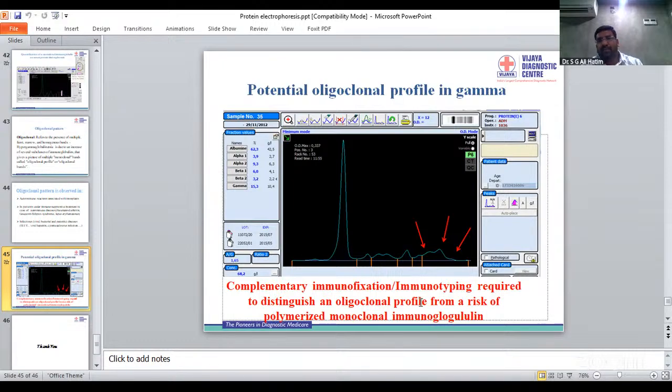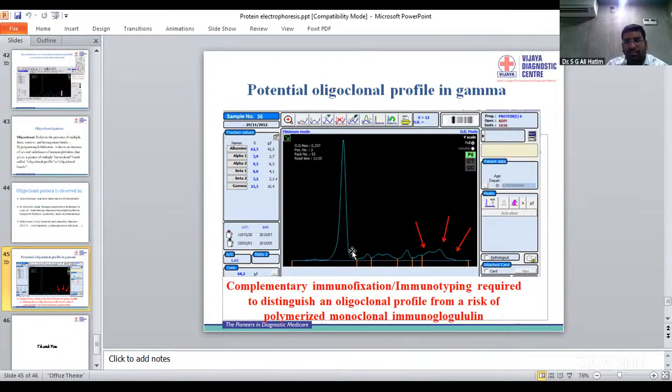Sometimes we get additional fractions or peaks in this region. If the sample is lipemic, meaning the patient has high triglycerides, we get an additional peak in the albumin region. If the patient has high bilirubin, the biliary pigments can give an additional small peak in this area. That can be due to interference. That doesn't mean the patient has some extra monoclonal pattern. That is called an interference.